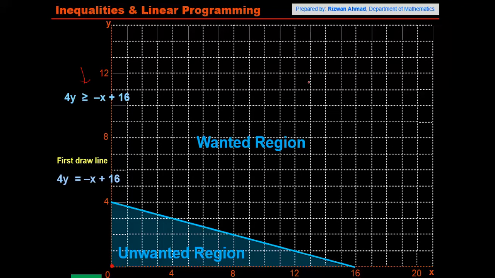So it means the required region is this one. Okay, so basically we should be good in drawing the straight line. Then after that, just one step decision is that we have to shade the region above the line or region below the line according to the direction of the inequality.